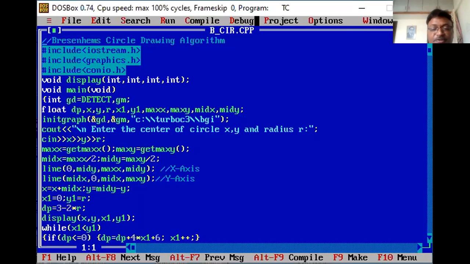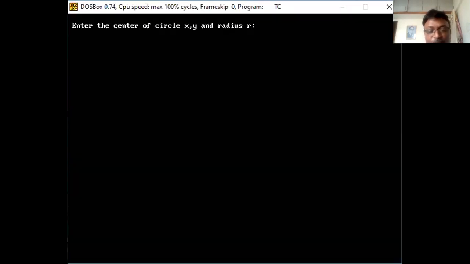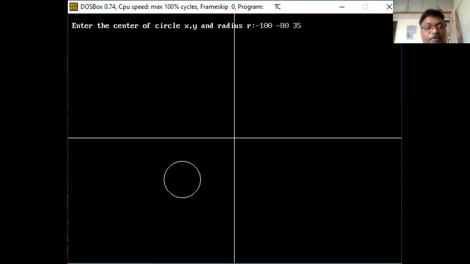Now you can check the third quadrant also. Suppose I enter both values as minus 100, minus 80, and the radius of the circle is 35. Minus 100, minus 80 should appear in the third quadrant. See, the circle appears in the third quadrant because both values are negative.